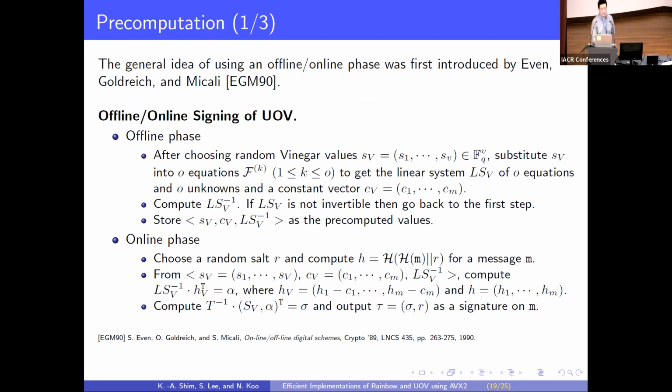Next, I introduce our pre-computation method. The general idea of using an offline and online phase was first introduced in this paper. In the offline phase of signing of UOV, substitute SV, a randomly chosen vinegar vector, into all equations F bracket K, then we get a linear system with coefficient matrix LSV of all equations with all variables.